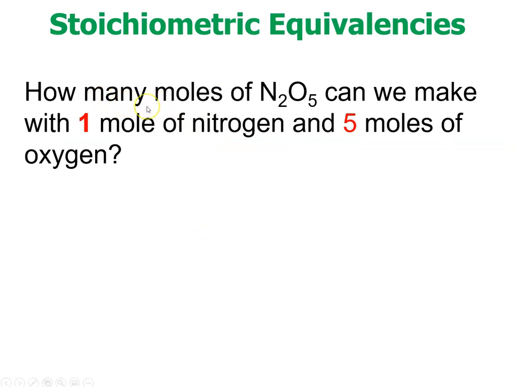So the question here is how many moles of dinitrogen pentoxide can we make with 1 mole of nitrogen and 5 moles of oxygen? Okay, let's look at how to do this. So in order to solve this problem, what do we have?